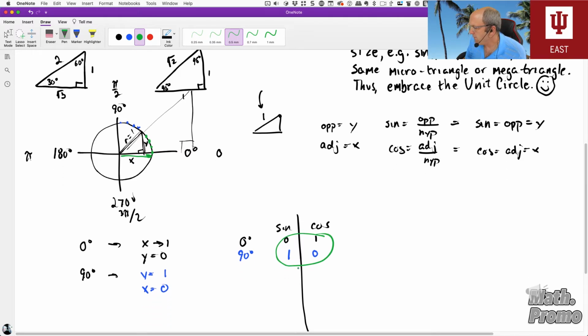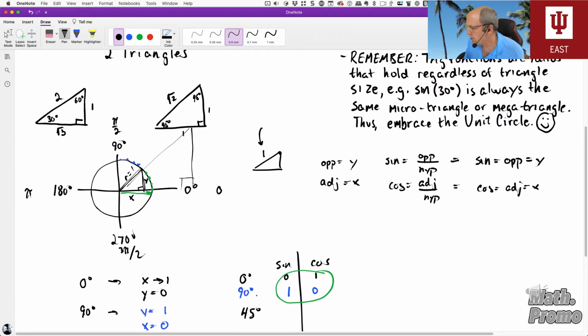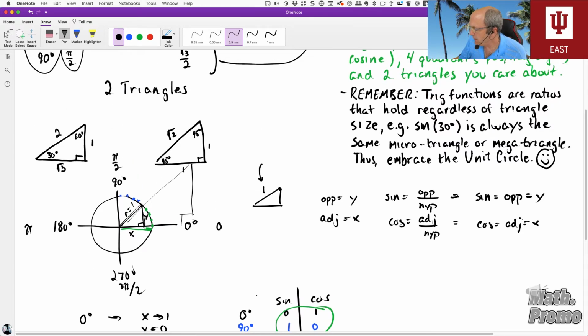Let's keep it simple. Let's go with 45 degrees next, okay? So we're going to go with 45 degrees. Okay, I told you, two triangles. The 45, 45, 90 degree right triangle is 1, 1, square root of 2. It's pretty easy. You might as well choose 1 because 1's easier to work with than other numbers.